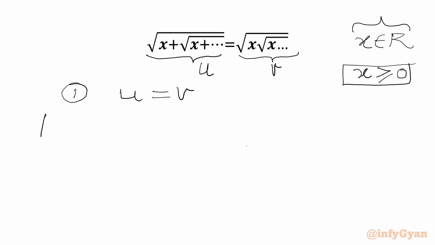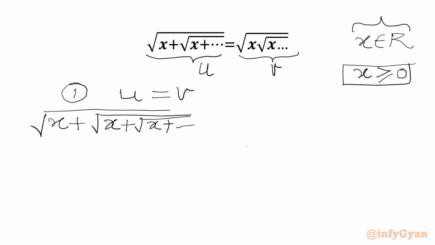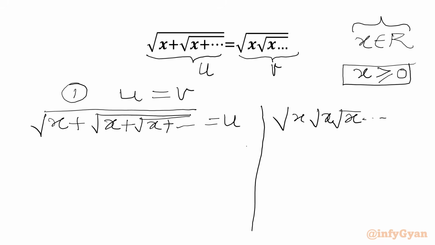Now we will write U and V separately. So I will write square root of x plus square root of x plus square root of x up to infinity. This is equal to U. And we will write square root of x times square root of x times square root of x up to infinity equal to V from right hand side.